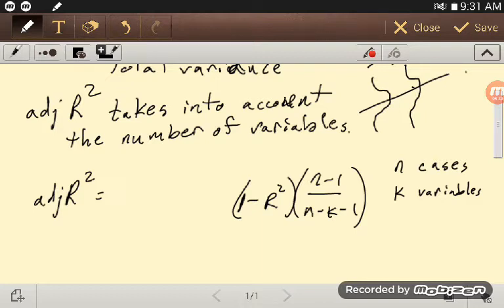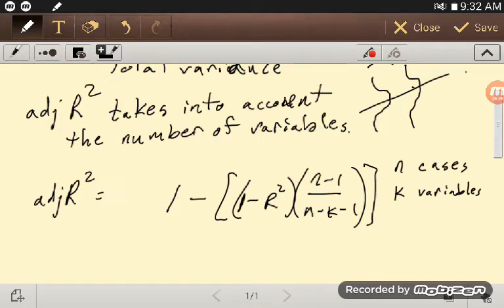Okay, if I have some number that's fixed, the n, and I subtract off another number that's getting bigger, that difference gets smaller, right? 10 minus 2 is 8, but 10 minus 6 is 4. And so this number on the bottom gets smaller and smaller, which makes the fraction bigger. And so we multiply this 1 minus r squared by a bigger number.